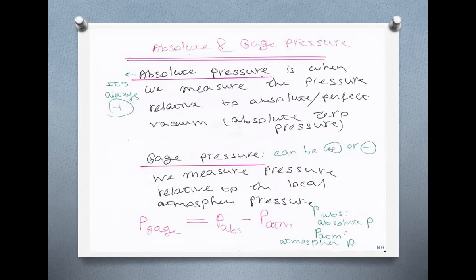The distance between the pressure of the atmosphere and the pressure of the fluid is the gauge pressure of the fluid, and that distance plus the distance between absolute zero and the pressure of the atmosphere shows the absolute pressure. So the absolute pressure of the fluid is the gauge pressure of the fluid plus the pressure of the atmosphere. So ABS for absolute pressure of the fluid is gauge pressure of the fluid plus pressure of the atmosphere.